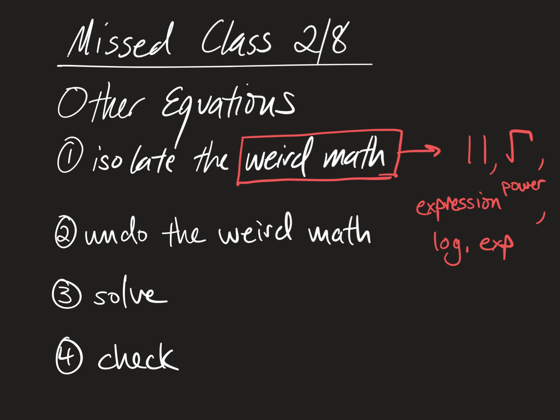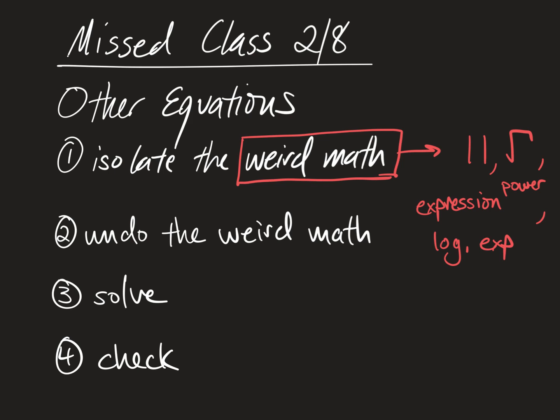We'll get more into that in specifics, but that's going to change depending upon if you have some expression raised to a power, or absolute value, or square root, or log, or exponential. This is where all the math happens. From there, you'll solve whatever's left over and then check your answers. Checking your answers is as important as it has ever been for this lesson.